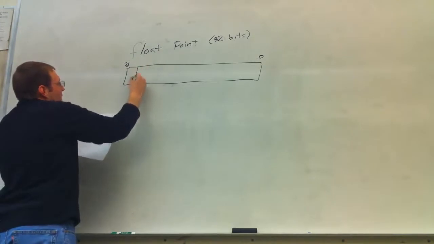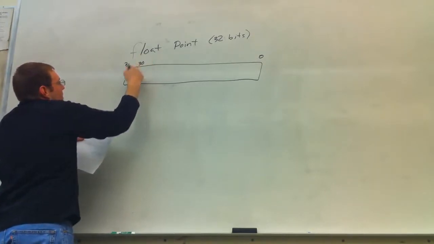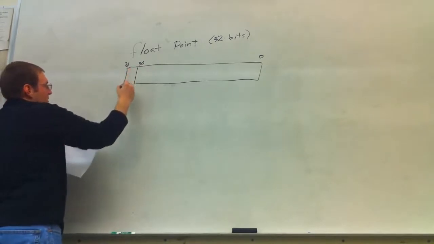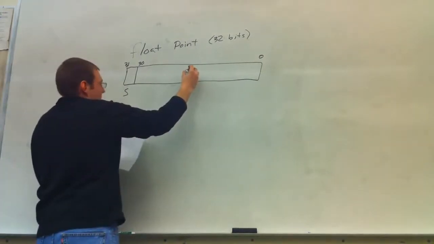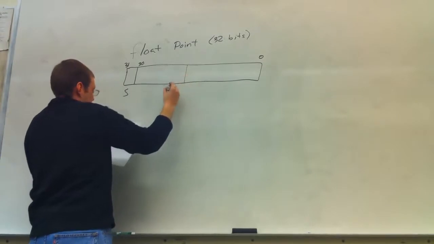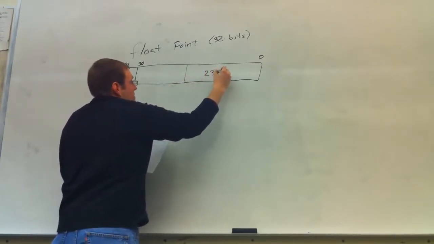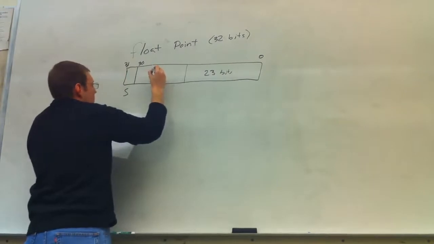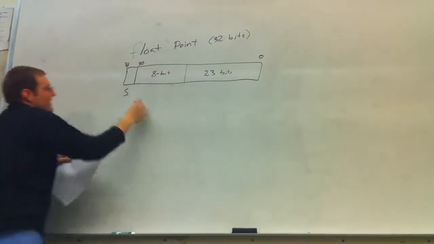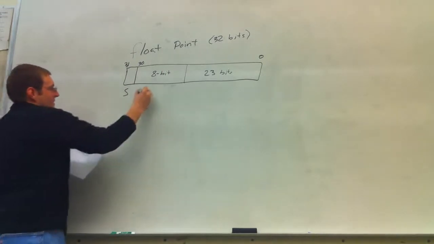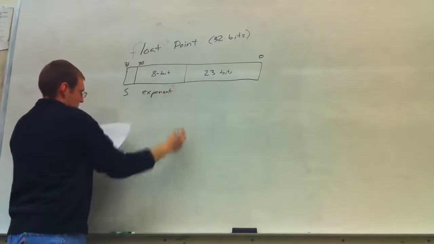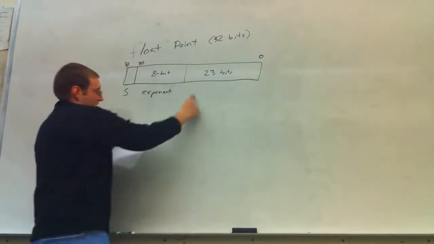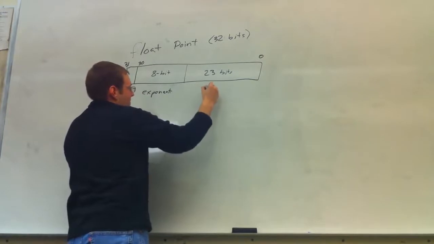The first bit here is our sign bit, just like we normally do in others. After the sign bit, the next 8 is the exponent value. And then the last 23 is called the fraction.